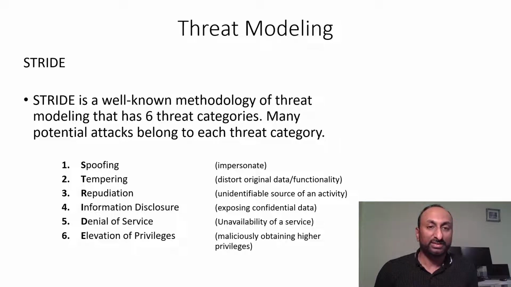Denial of service includes all those flaws that a malicious actor can exploit to make a service unavailable. Elevation of privileges includes all those flaws that a malicious actor can exploit in order to assign higher privileges to a user that he is not entitled to.